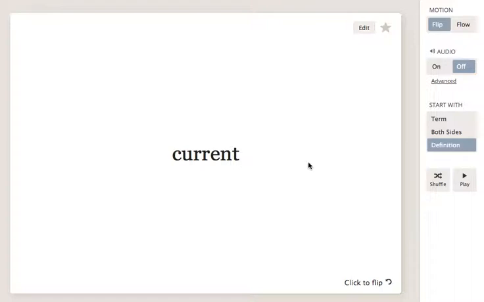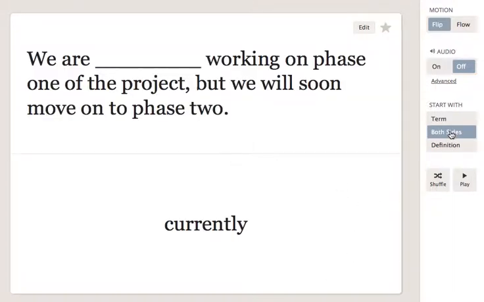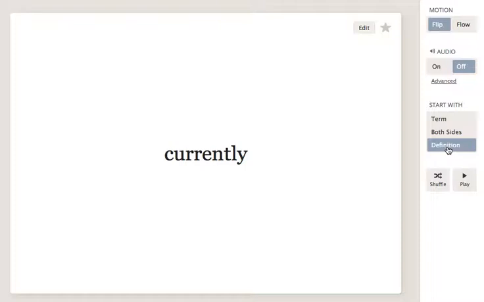This works very well if you have a short sentence, but what happens if you have a longer one? Okay, we'll do the same thing. We're currently working on phase 1 of the project, but we'll soon move on to phase 2. Take a minute to look at it. Now let's try just with the definition. We are currently working on phase 1 of the project.